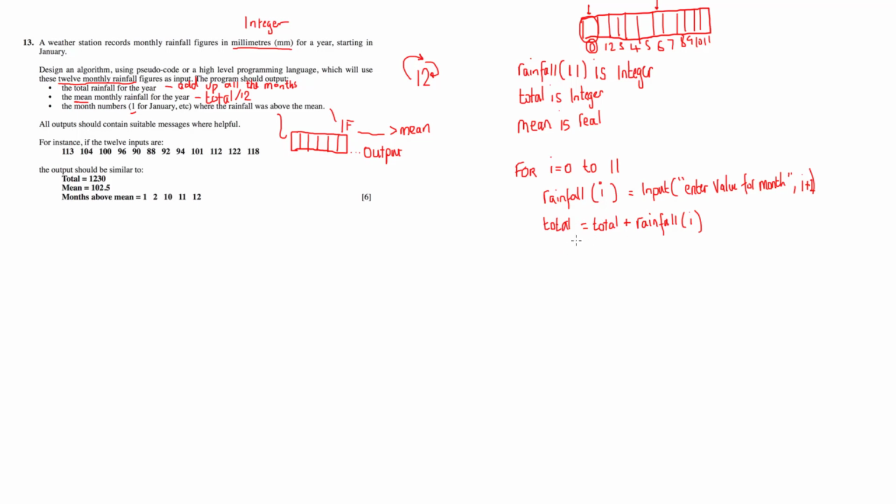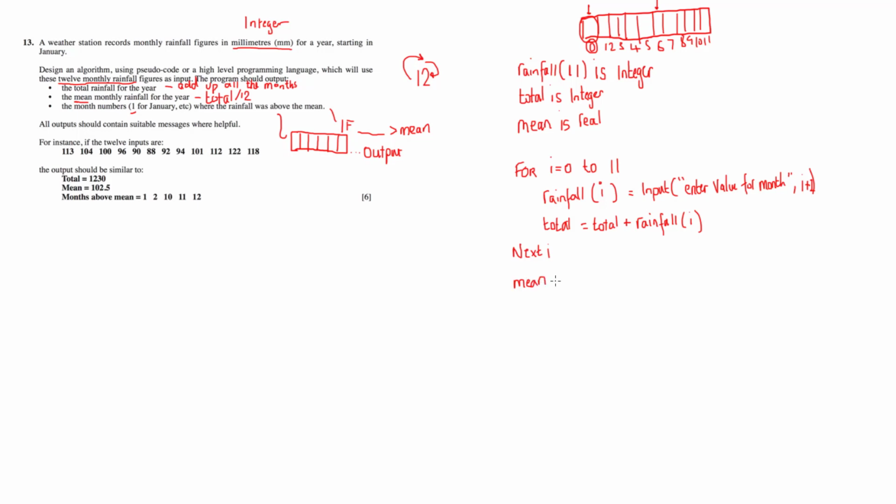So that's going to keep a running total of everything that we need. I'll increment I by using next I here. Next I. So that makes sure that it goes from 0 to 1 to 2 to 3 to 4 to 5 to 6, 7, 8, 9. And that's it.